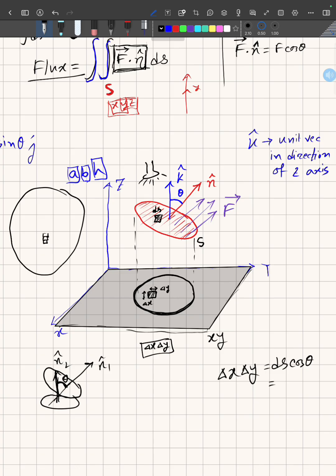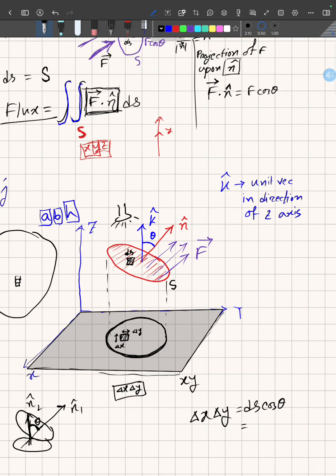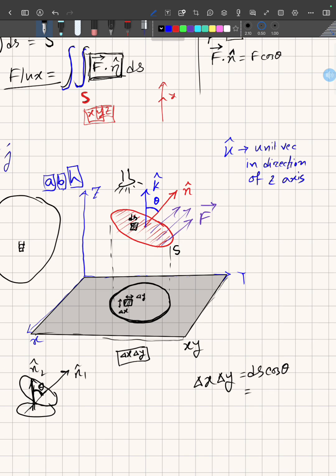So we can write, hypothetically, cos theta. How can we define the cos theta again? Let's say k is a unit vector and n is a unit vector.